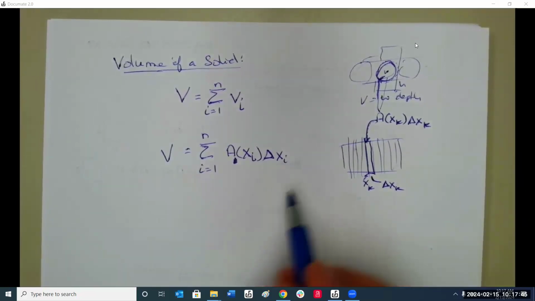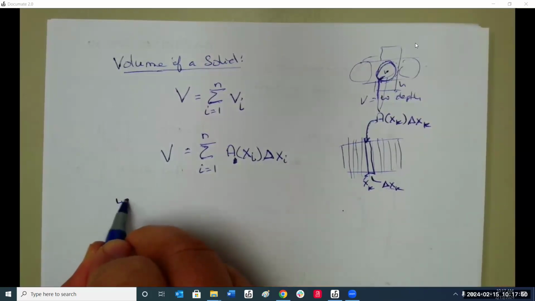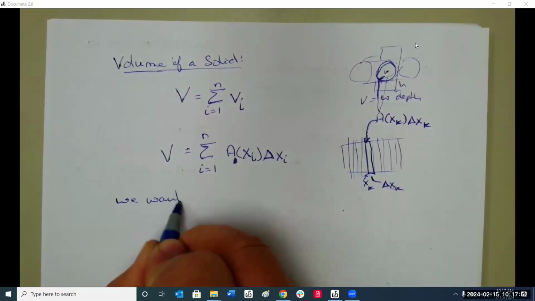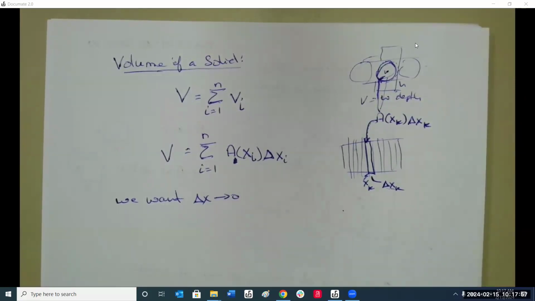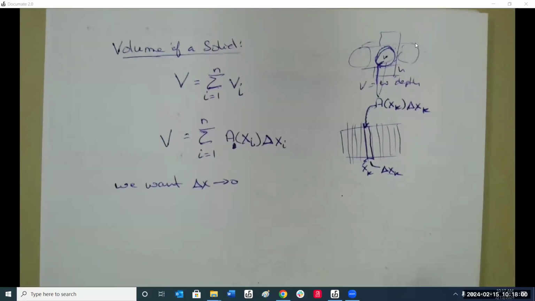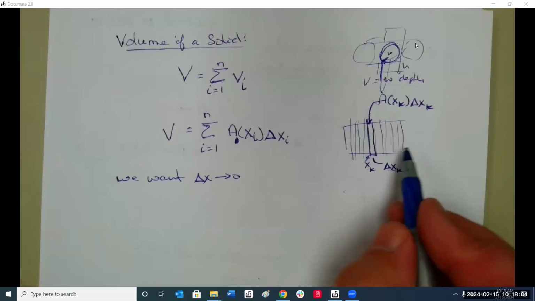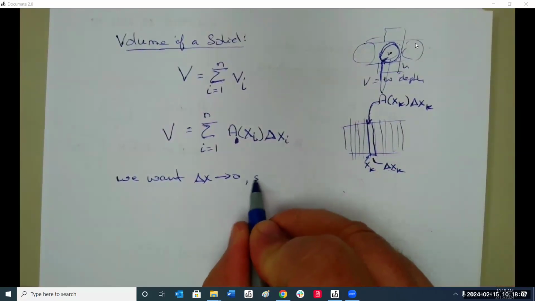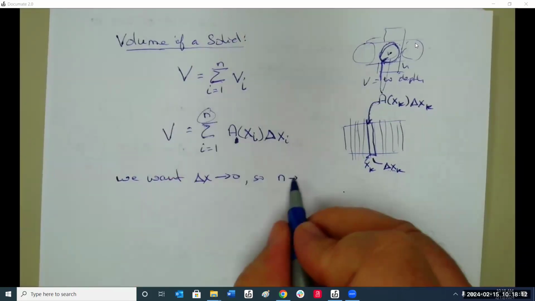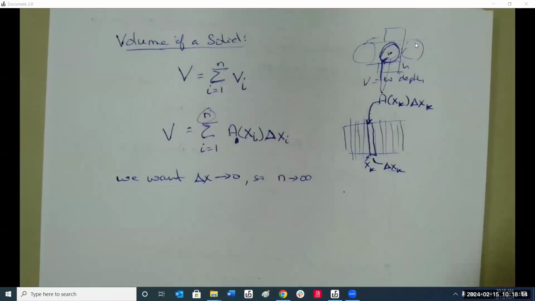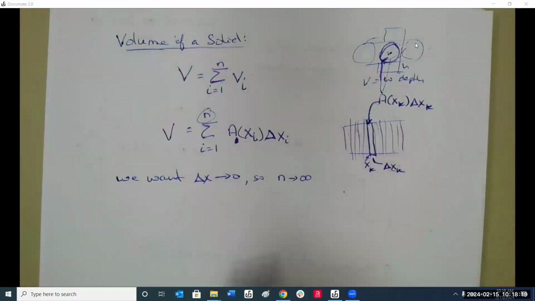All right, so remember, we want delta x to go to 0. In other words, we have to increase the number of slices, so n has to go to infinity. Because if it goes to infinity, then these slices get a lot smaller.